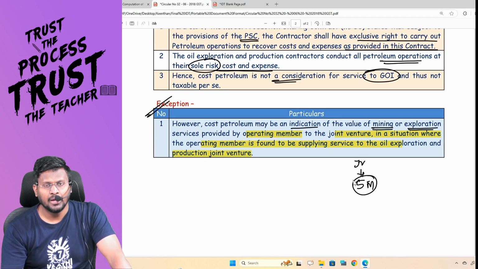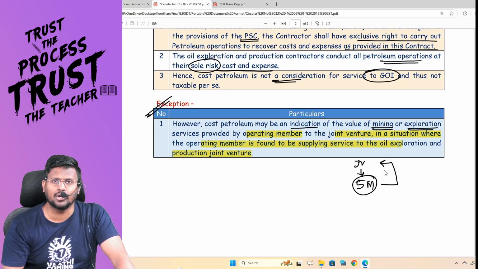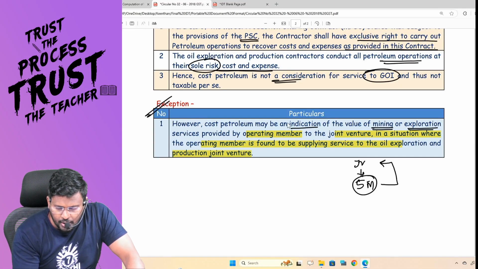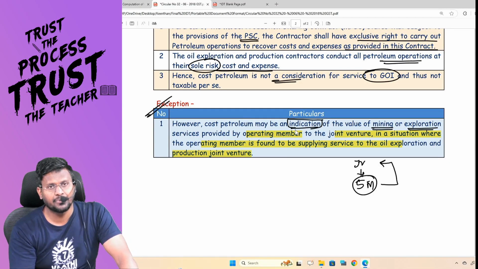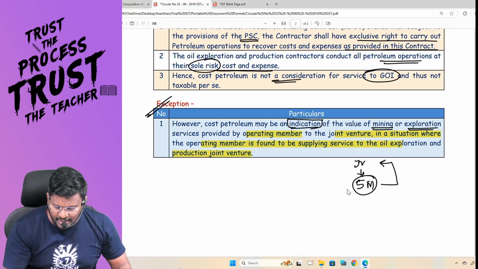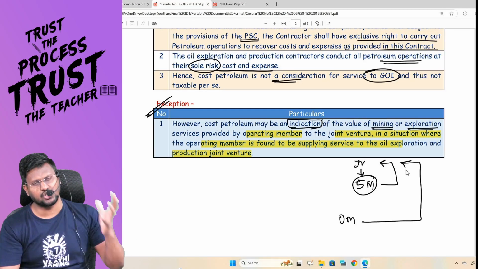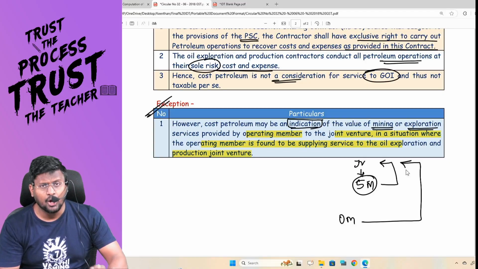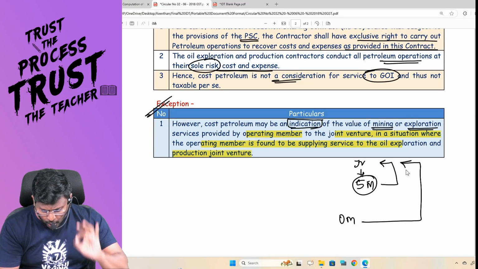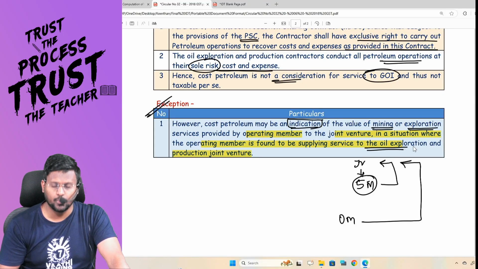If one of the members is incurring cost on behalf of the joint venture, the cost petroleum may be an indication of the value of mining or exploration service provided by the operating member to the what venture? Joint venture.